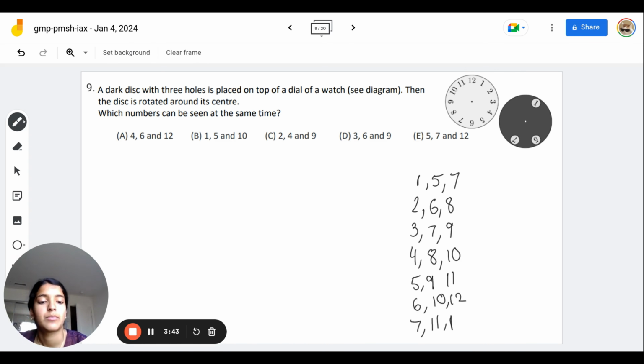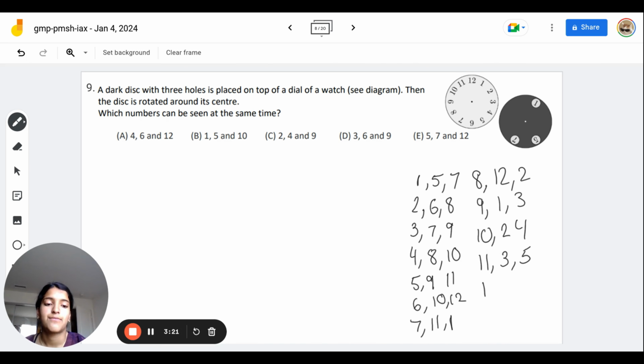And then we keep going. 8, 12, 2, 9, 1, 3, 10, 2, 4, 11, 3, 5, and finally 12, 4, 6.